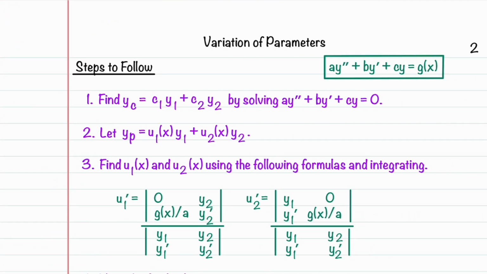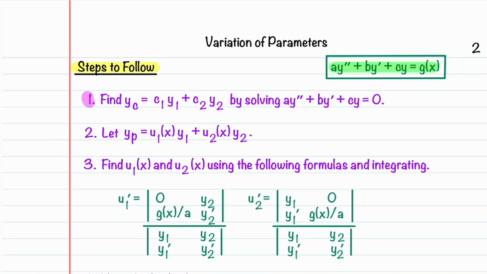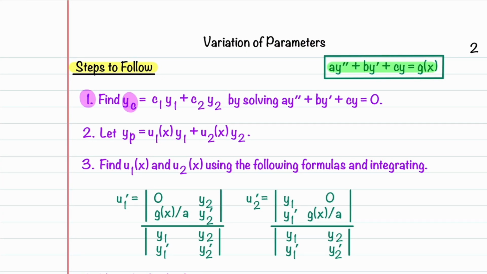Let's now go over the 4 steps that you can follow to solve a second-order non-homogeneous equation that looks like this. The first step is to find y sub c. To do that, you're just going to solve the homogeneous equation. Step 2 is to make an assumption that y sub p is u1 y1 plus u2 y2, and u1 and u2 are functions of x.